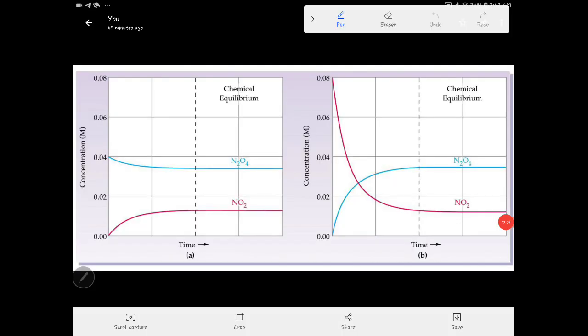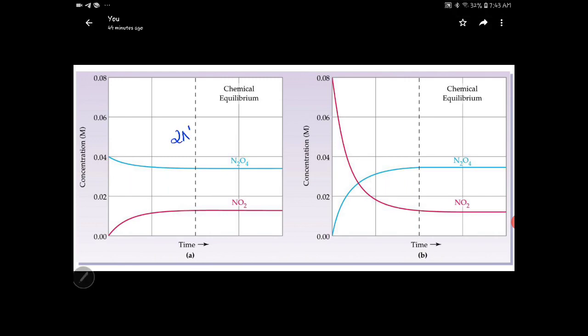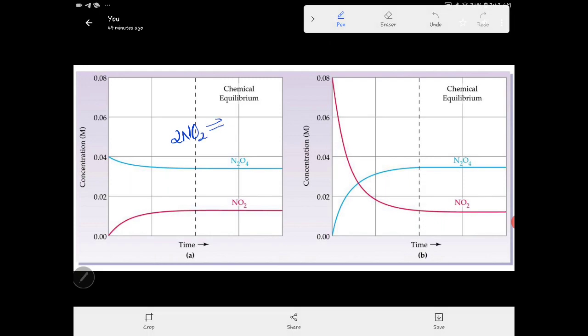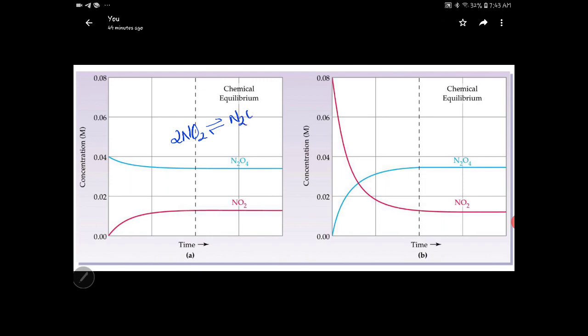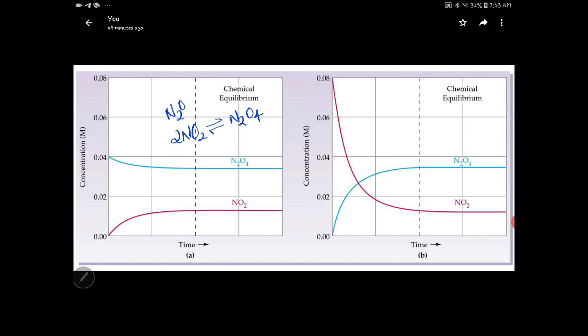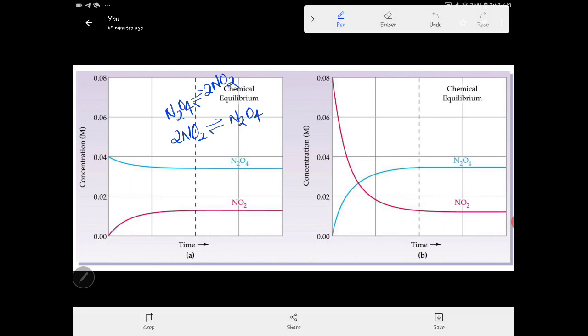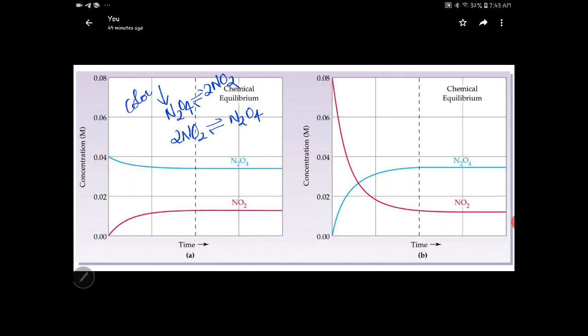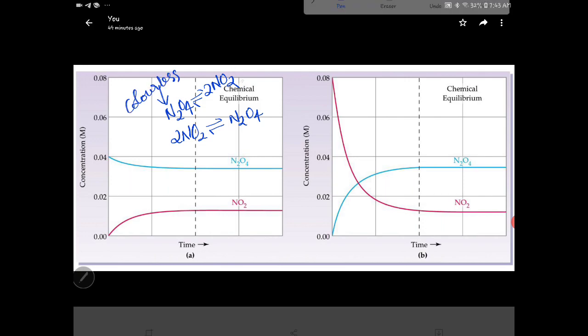The best reaction we have taken in order to learn about chemical equilibrium is 2NO2 gives N2O4, or it could even be written as N2O4 gives 2NO2. The reason for taking this particular reaction to learn the chemical equilibrium concept is that N2O4 is colorless and NO2 is reddish brown.